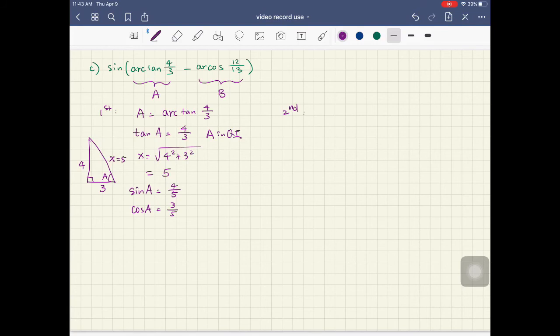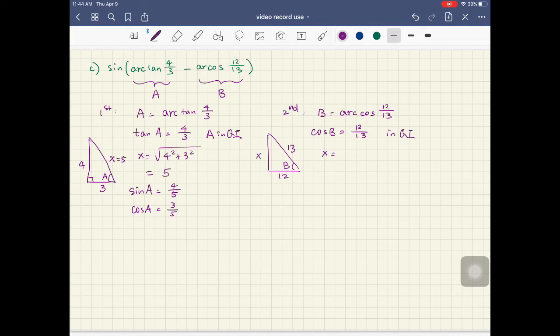Second step, I'm going to do B. Arc cosine of 12 over 13 equals B. So cosine of B equals 12 over 13. Positive, so also in quadrant 1. Then I'm going to draw a right triangle with B. Cosine tells me 12, 13.